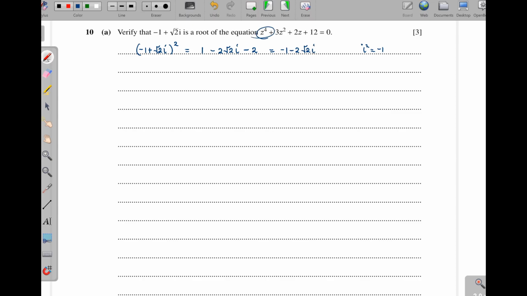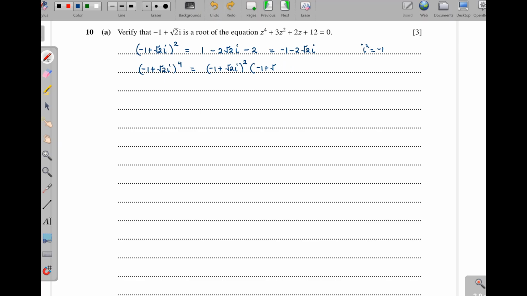Now when I come to z power 4, this one here, root of 2i, then power 4. This is the same as saying negative 1 plus root of 2i squared, then times negative 1 plus root of 2i squared, not so?